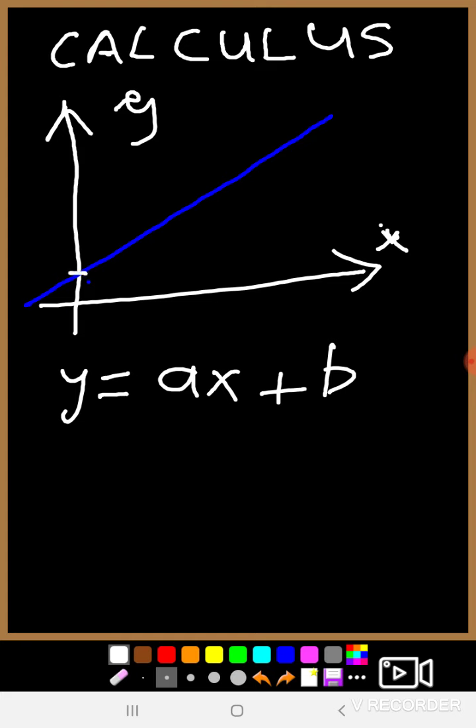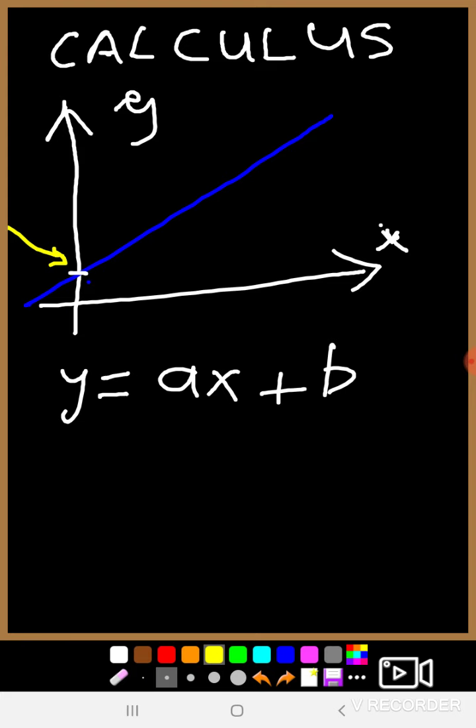So this will be the b value here, this intercept. And the slope a pretty much would be how steep the line is or is not.